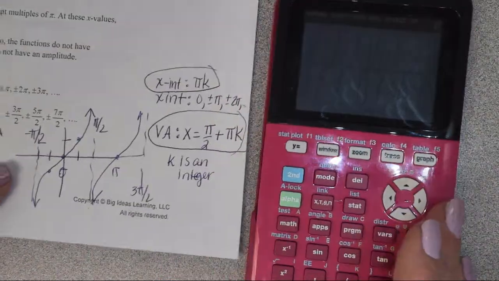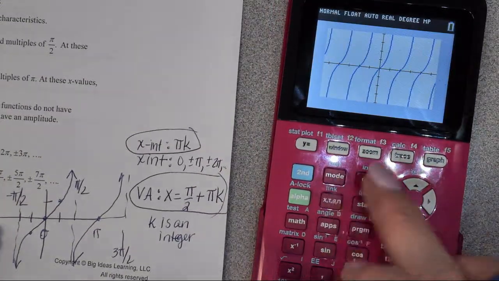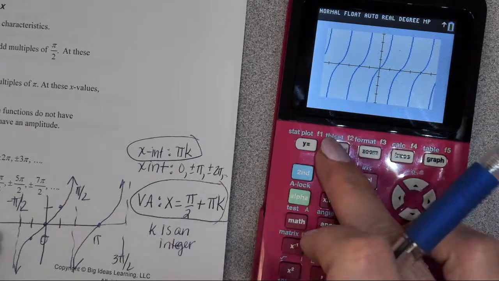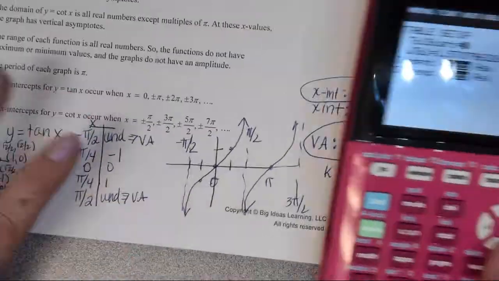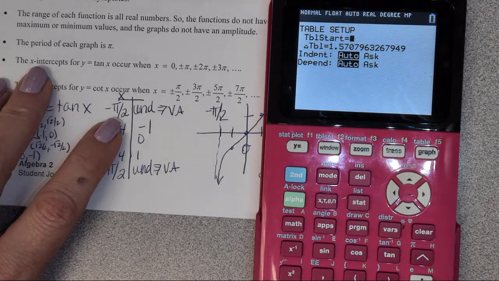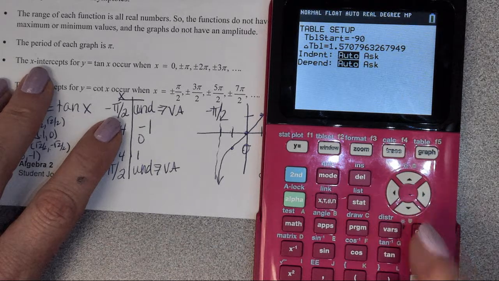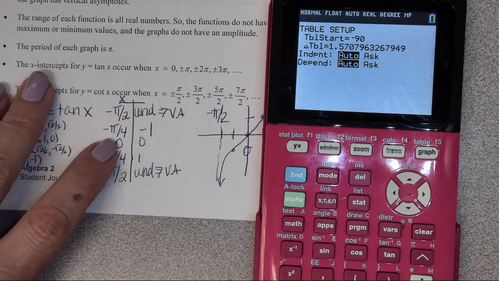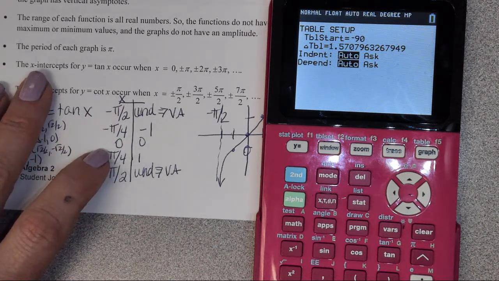I want to show you how you could check your table. Go to your second window. Where's our table starting? Negative pi over 2, right? But what did we put our mode in? So what should I call it instead of that? Not negative pi over 2, but negative 90. And then how much am I going up by in degrees?